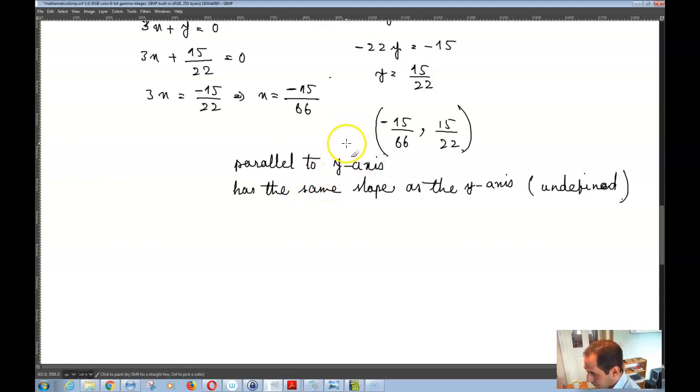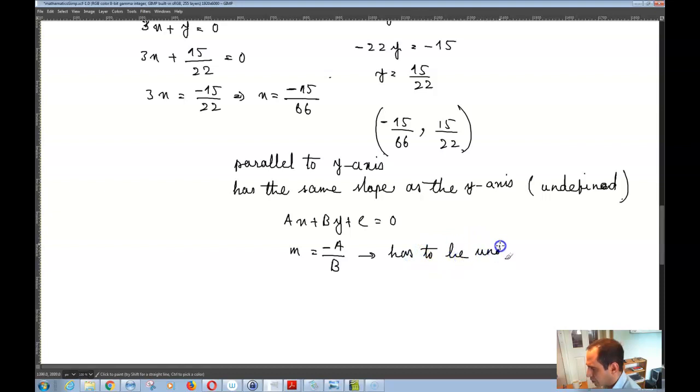What that means is that if you have some line, for example ax plus by plus c is equal to 0, then the slope of this line is negative a by b, and this has to be undefined so that the line is parallel to the y-axis.